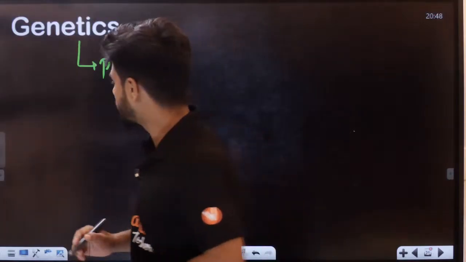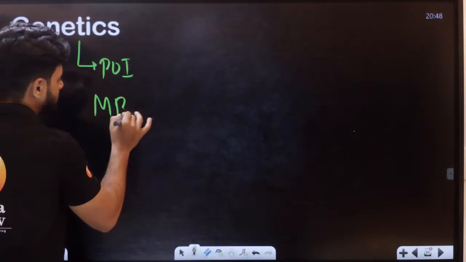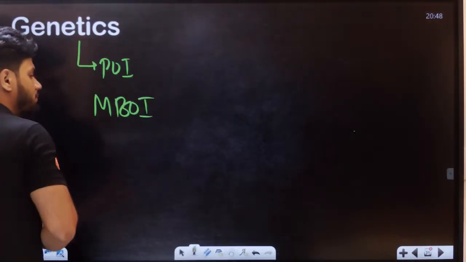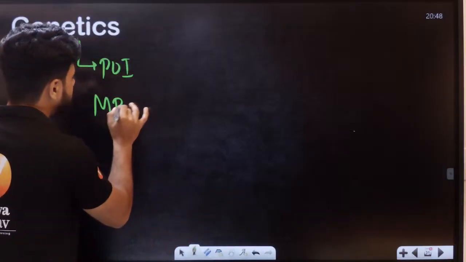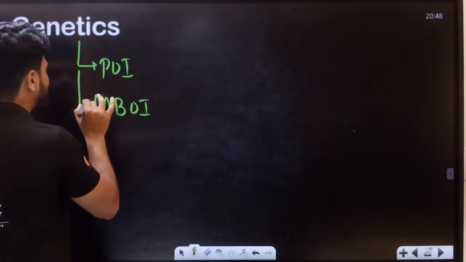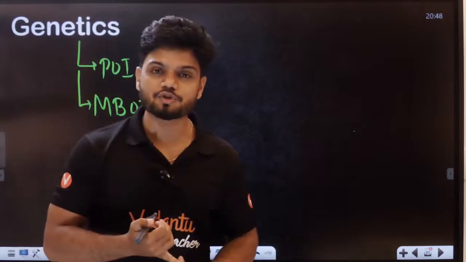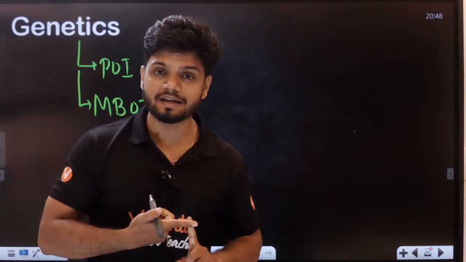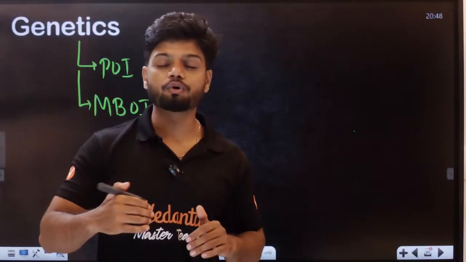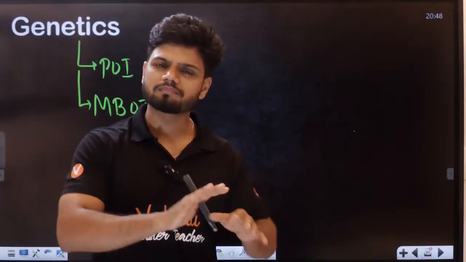Now, what about the molecular basis of inheritance? In MBOI, students, we understand about transcription, translation, genetic material DNA, genetic RNA, right? Then we learn about protein synthesis, the human genome project, and everything.